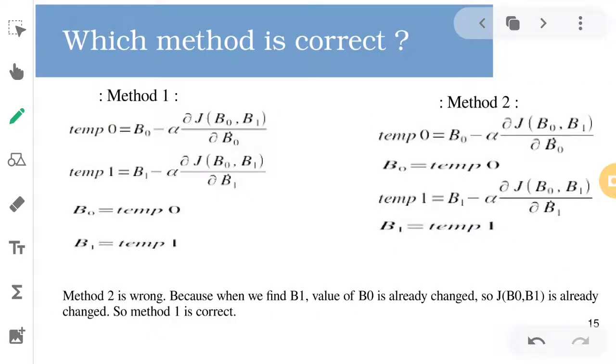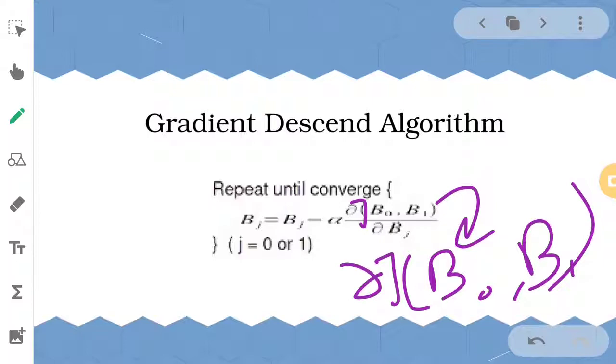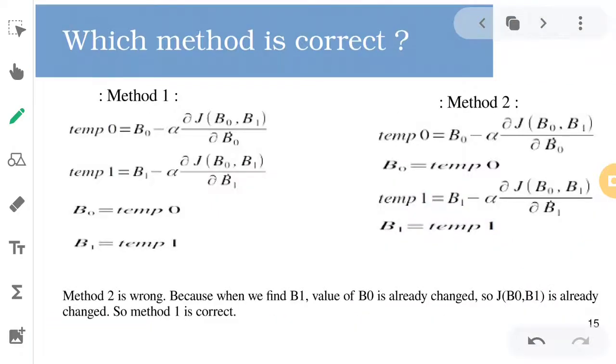Now what is the correct method? We repeat until convergence, for j equal to 0 and 1, two values. So what is the correct method? b0 equals b0 minus the gradient term.